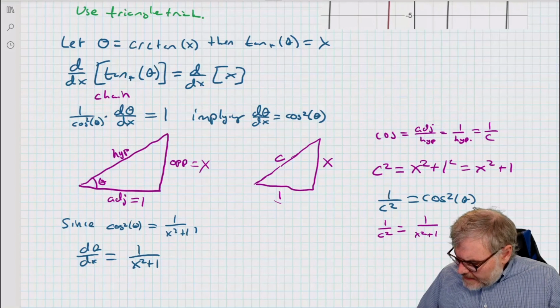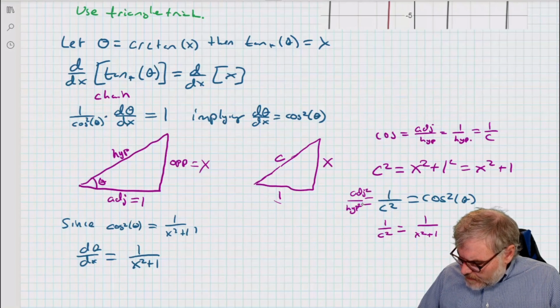This is adjacent squared over hypotenuse squared. So my cosine squared of theta equals 1 over x squared plus 1.